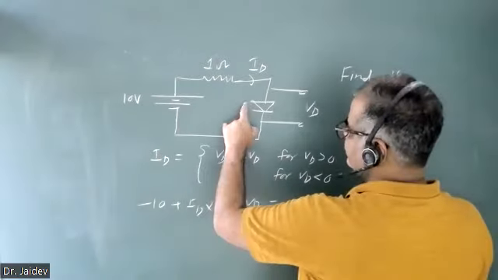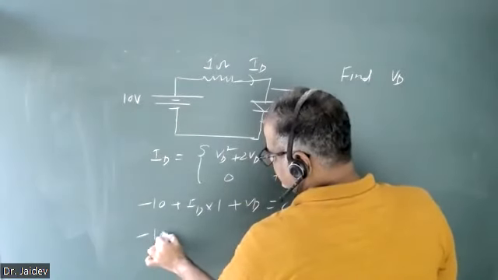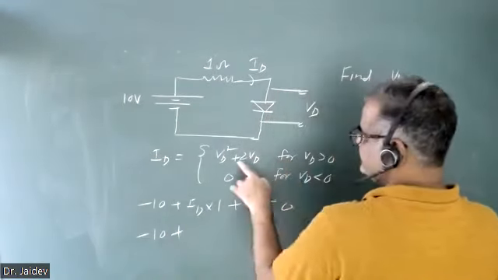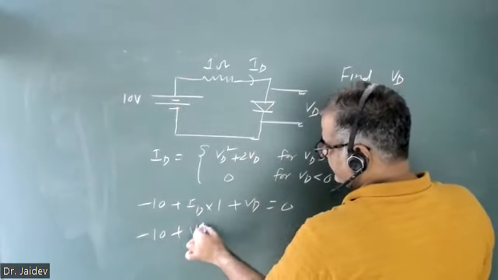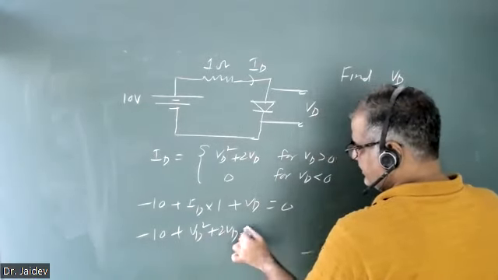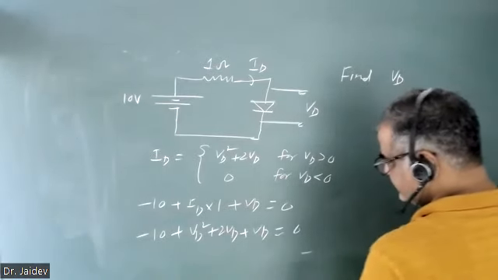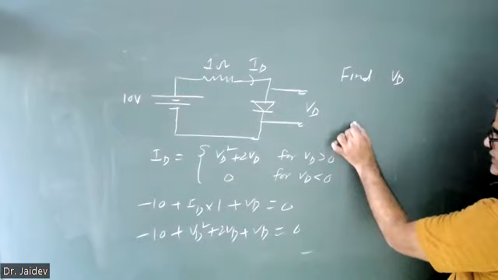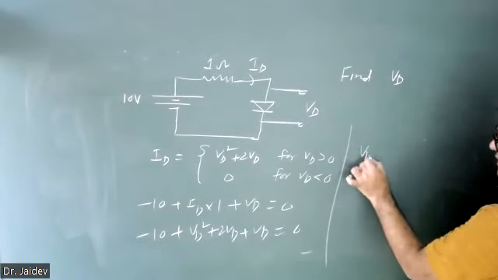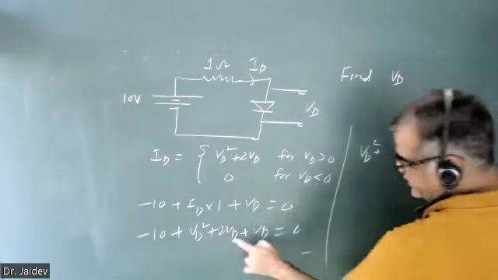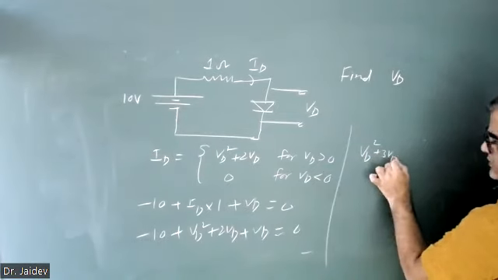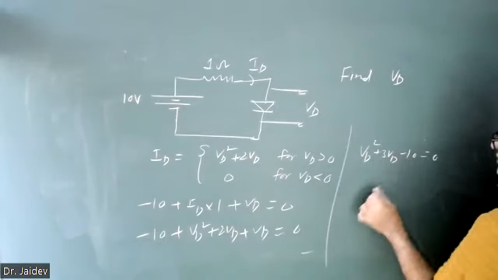Now this is forward bias, VD is greater than 0, so you can replace ID by this equation. That will be VD square plus 2VD plus VD equals 0. When you solve this, it gives VD square plus 3VD minus 10 equals 0.